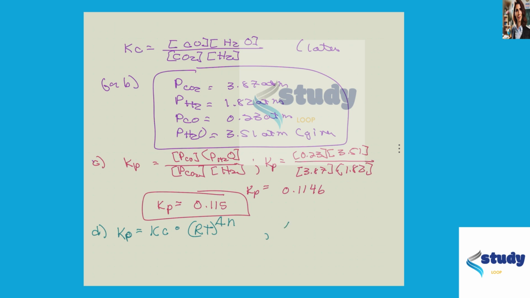My change in moles equals 0, so RT to the power of 0 equals 1. So Kp equals Kc. Kc equals 0.115. We're finished.